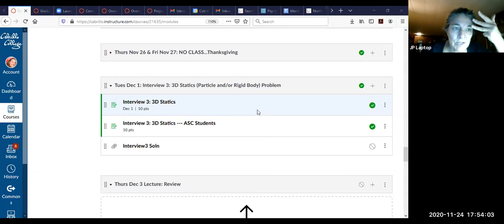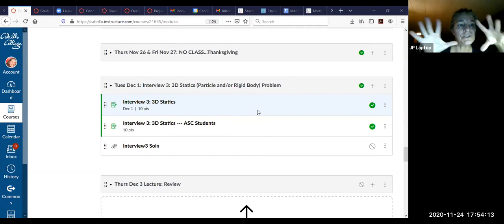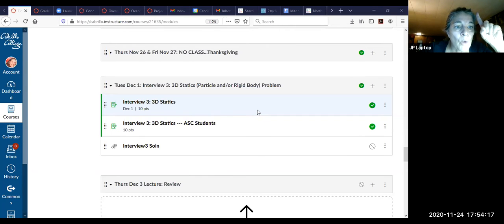Components still takes a long time with 3D problems. And then the equilibrium equations takes a fair amount of time. And then doing the systems of equations and your calculator takes a lot of time. But I'm only giving you one problem for 1 hour. Typically in statics, you get 3 or 4 problems in an hour and a half. But practice so you go through it faster.